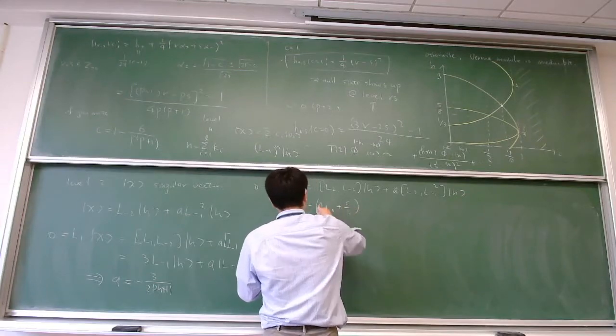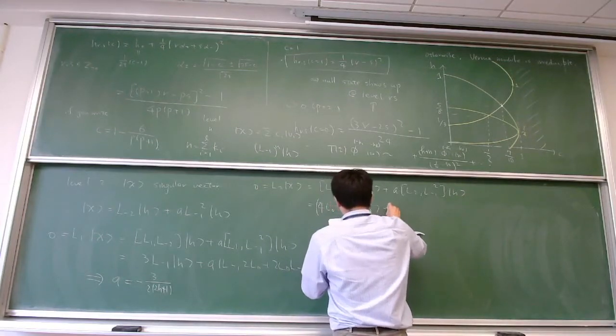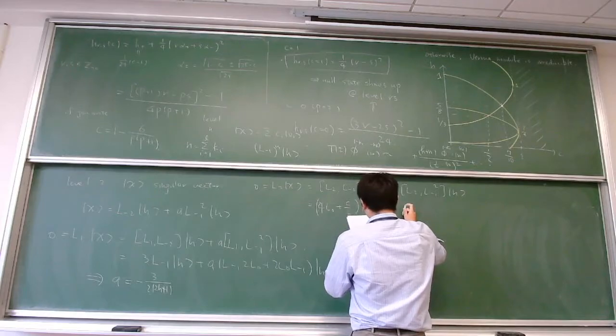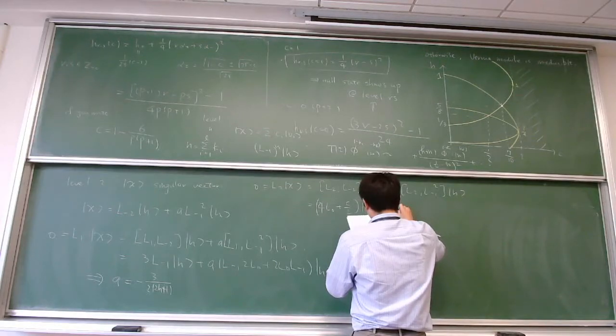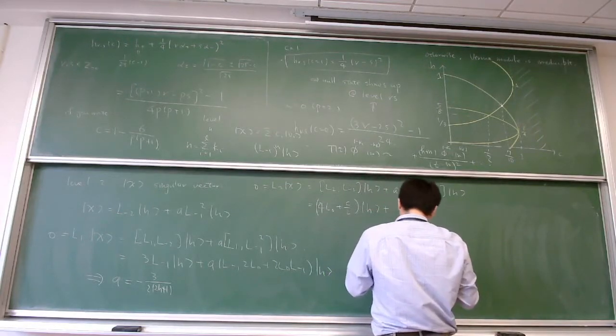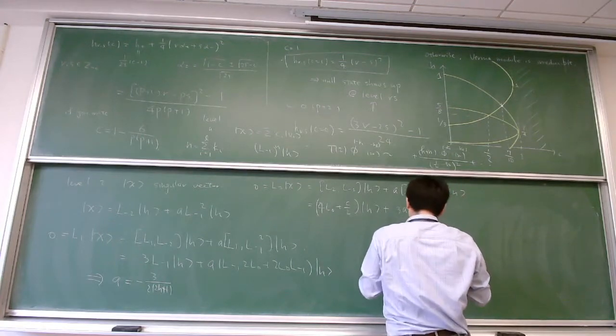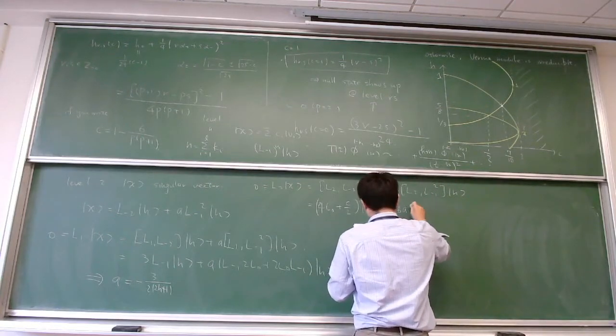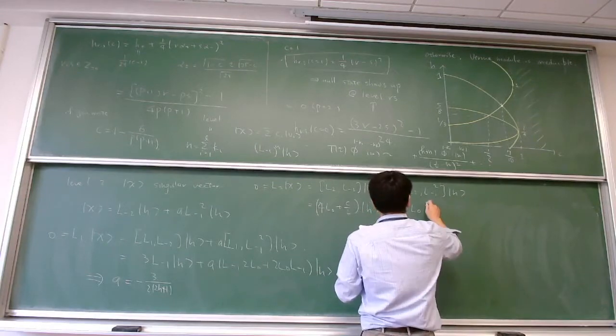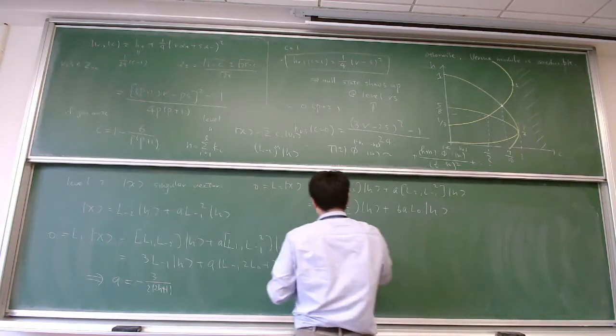So this is very simple. And then this is also 3A times 6 L0 H. So therefore from here one can get H.